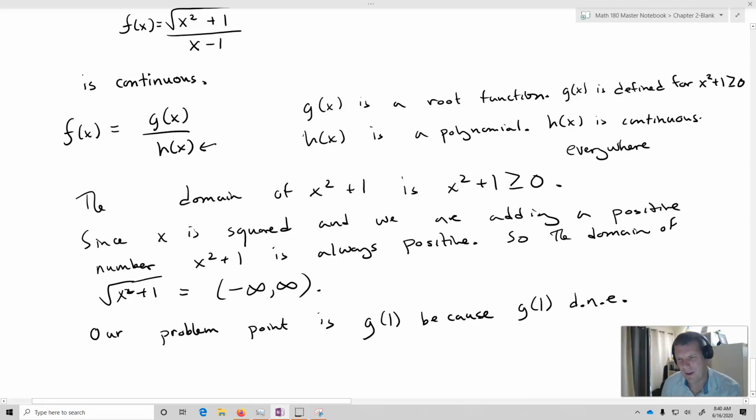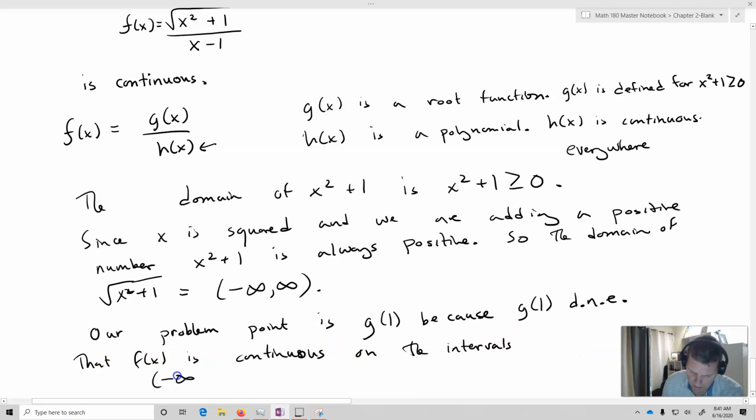Well, that's okay, that's fine. It's defined everywhere else. We're just going to say that f of x is continuous on the intervals negative infinity to 1 union 1 to infinity.